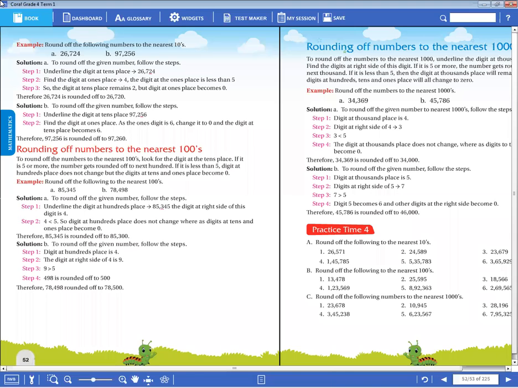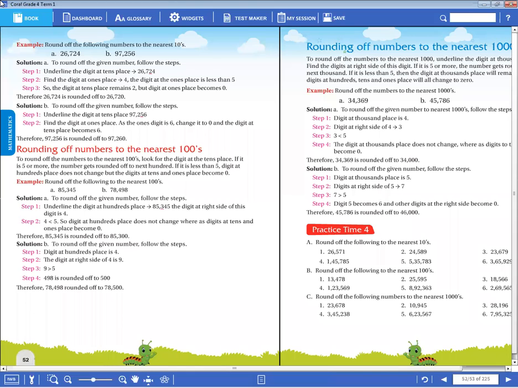When you are finding the nearest 1,000, you have to change this into the thousands place. Okay, Sahasra, listen. 28,196 means here 100 is less than 500, no?